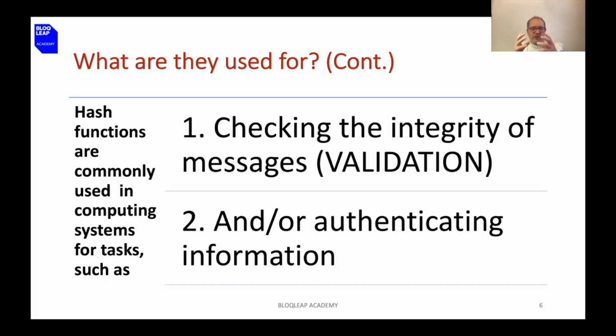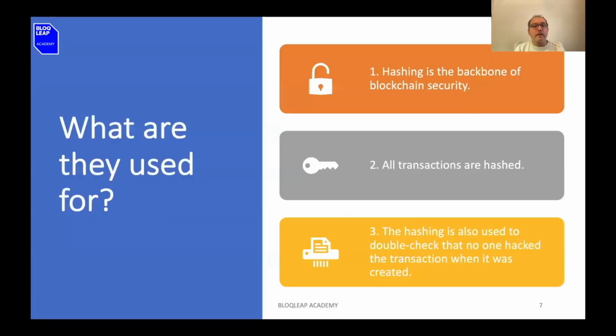So in a nutshell, this SHA-256 hashing mechanism is doing several things inside the blockchain, and the two most important are validation and authentication. All right, let's now recap.